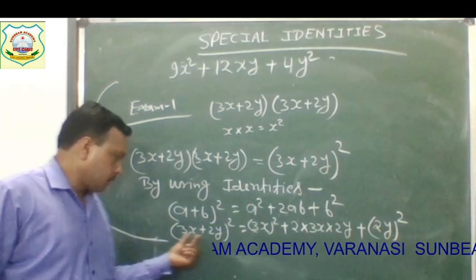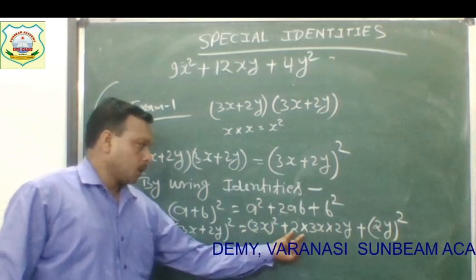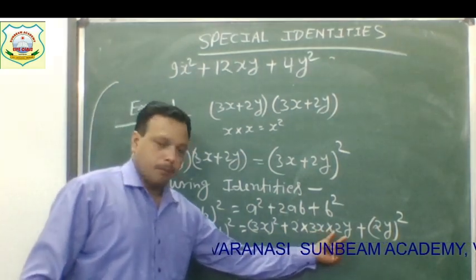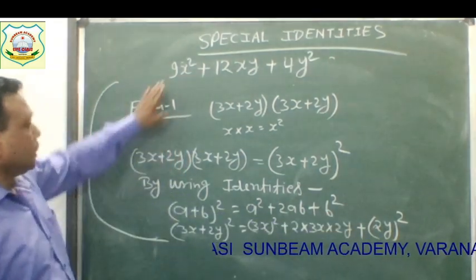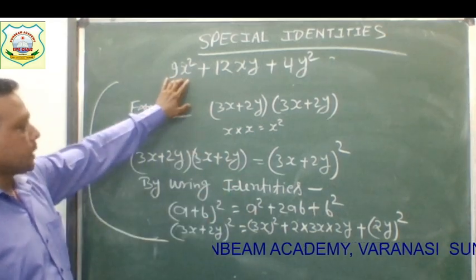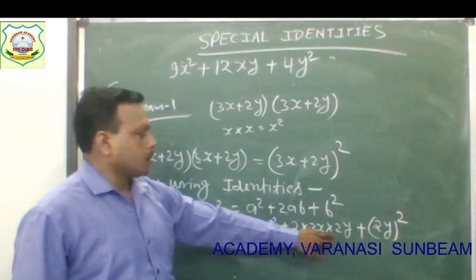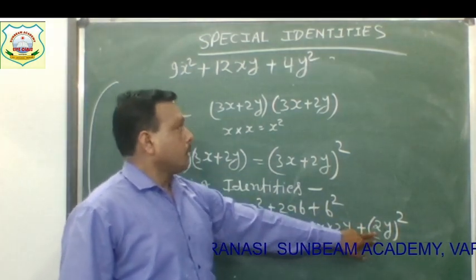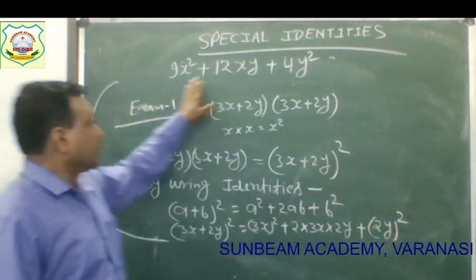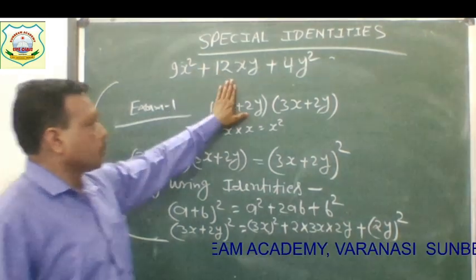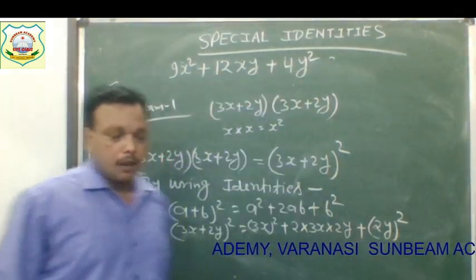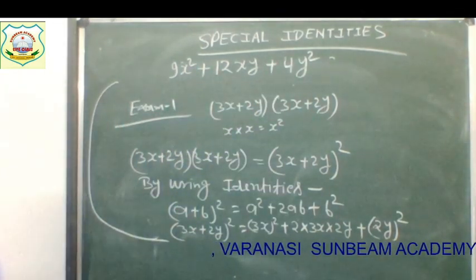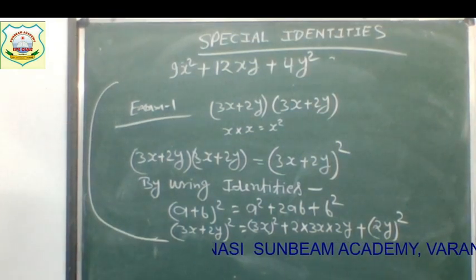A square is (3x) whole square plus 2 into 3x into 2y plus (2y) whole square. So (3x) whole square is 9x square, 2 times 3 is 6, 6 times 2 is 12, 12xy plus 2 square is 4 and y square. So this answer will come: 9x square plus 12xy plus 4y square. Students, you can note this first identity.